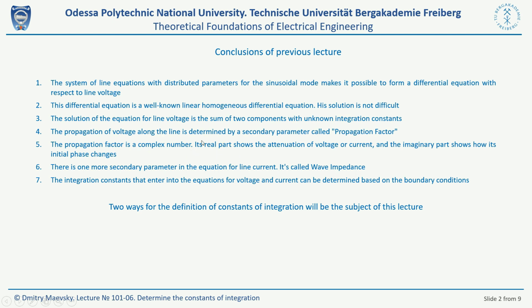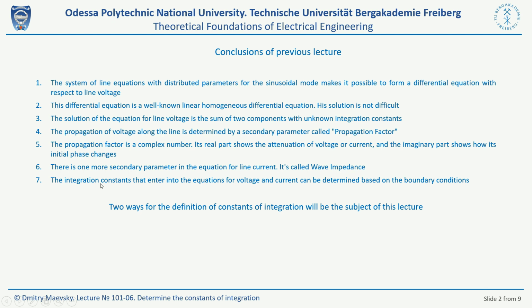Its real part shows the attenuation of voltage or current, and the imaginary part shows how its initial phase changed. The equation for the current in the line includes one more secondary parameter, called the wave resistance.